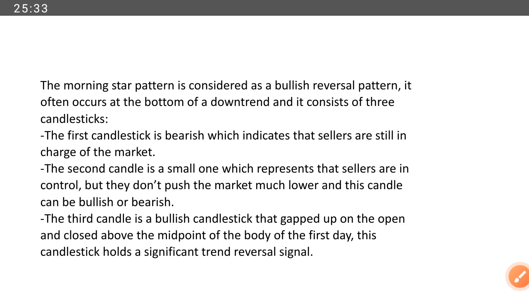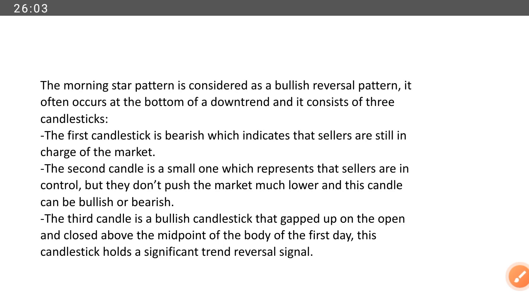And this candle can be bullish or bearish, as I told you earlier. Then the third candle is a bullish candlestick that gapped up on the open and closed above the midpoint of the body of the first candle. It must go beyond the middle of the first candlestick.